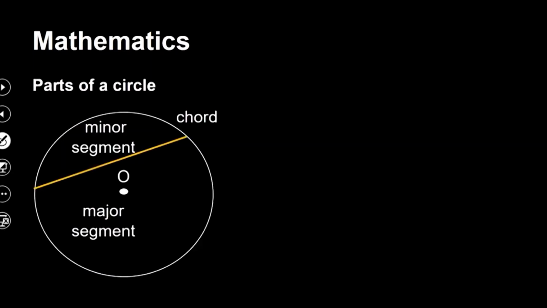The smaller one we call the minor segment, and the bigger one we normally call the major segment. So if I draw another one here like this, this will be the minor segment and this one will be the major segment. That's what we are talking about, minor and major.